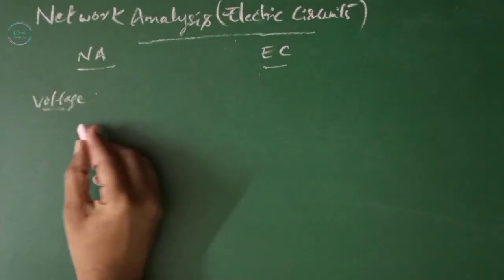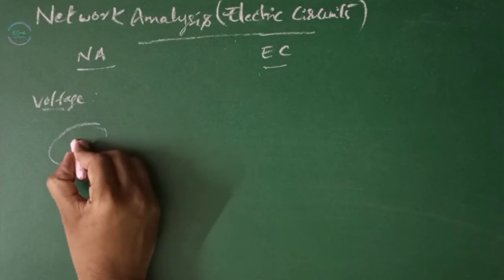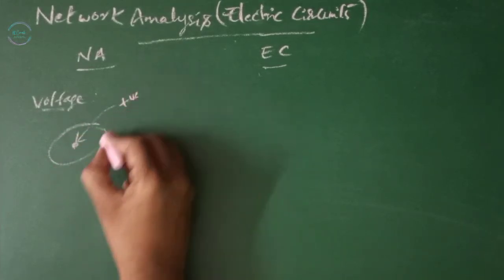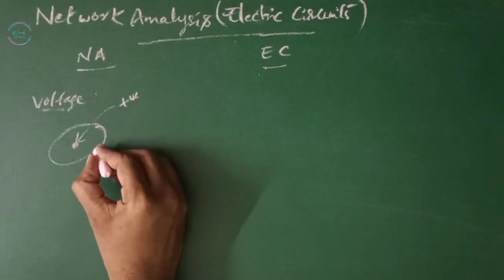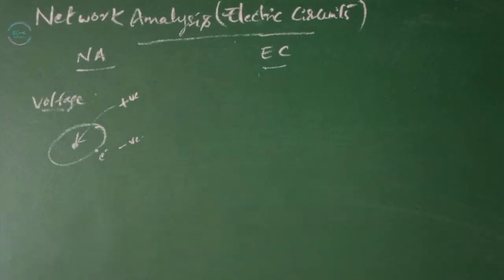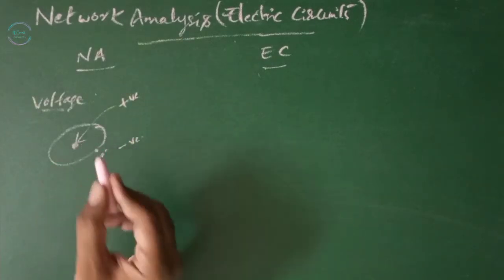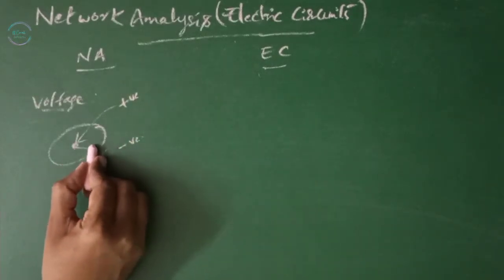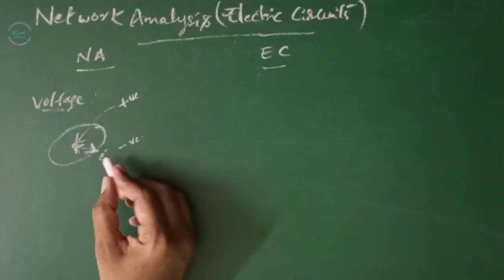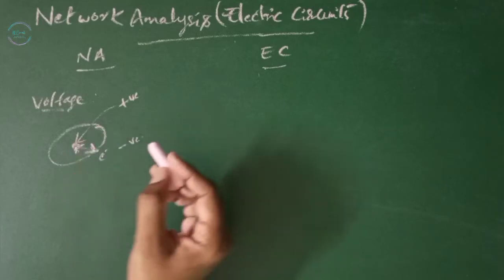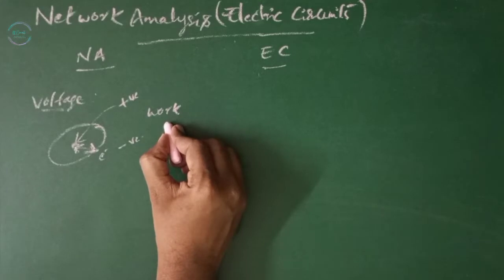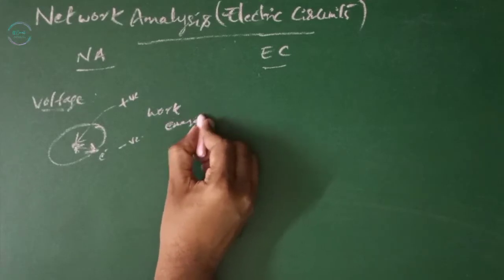Voltage. Consider an atom with a nucleus having a positive charge, and orbiting electrons having a negative charge. Since the charges are opposite, there is a force of attraction between them. To move the charges against this force of attraction, you need to do some work and spend some energy.